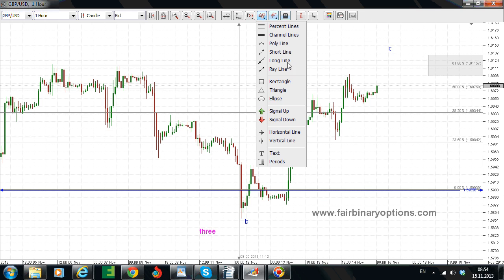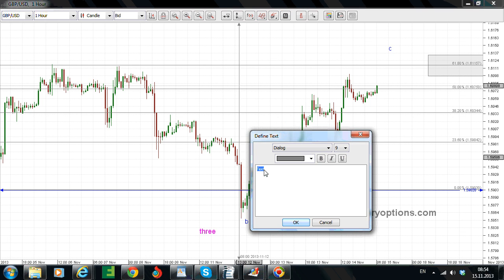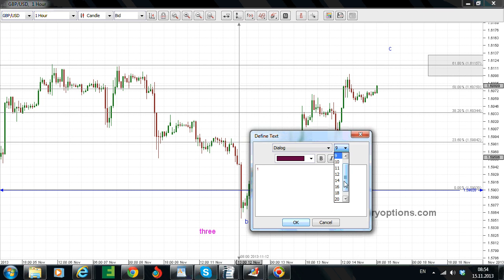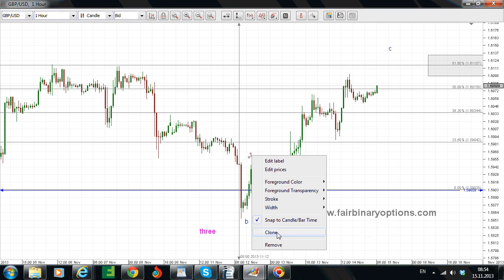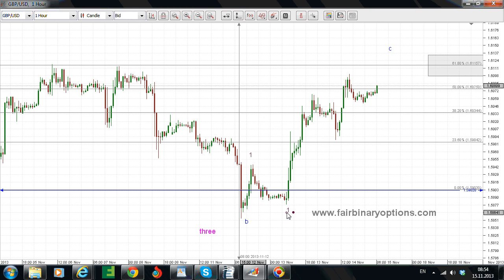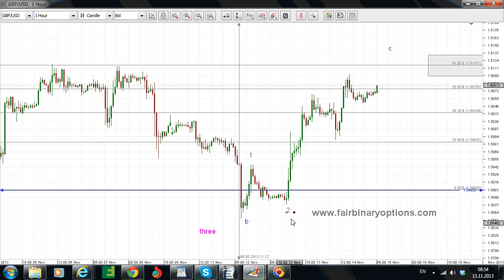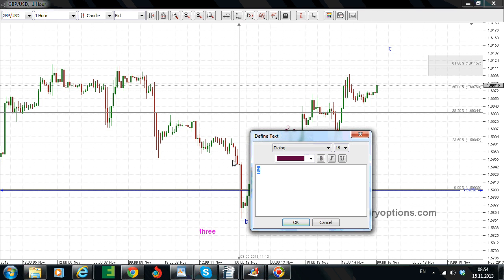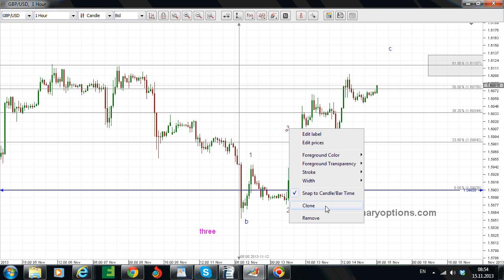And of a lower degree, I will label these ones as being like this: 1, and the second wave to the downside to be here, and the third wave to the upside to be this tiny third wave here. I know it is not that orthodox, if I may say so, but it is.